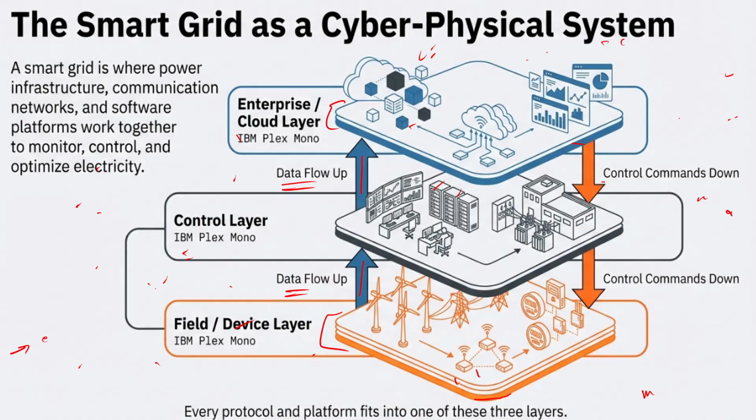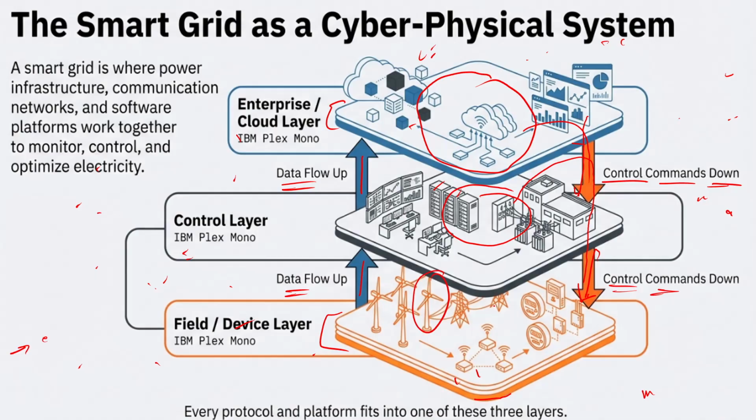And the control commands always flow from the top to the bottom. The control command is the decision-making input which we get by processing the data in the cloud layer, or we can also process it in the control layer, the SCADA. It depends upon the implementation or the use case. So all the commands will be given from here, or from the cloud. Then these control commands will be executed at the field level.